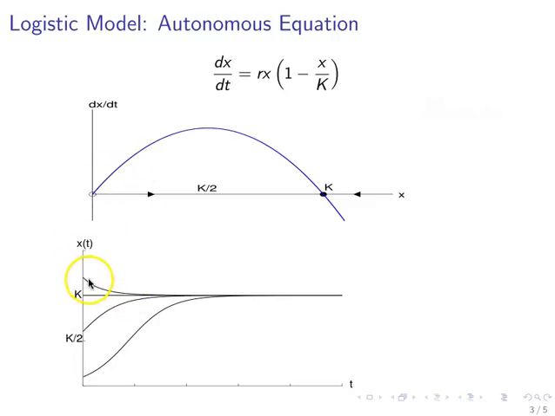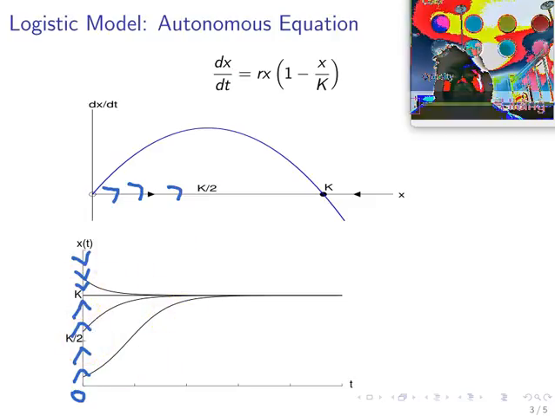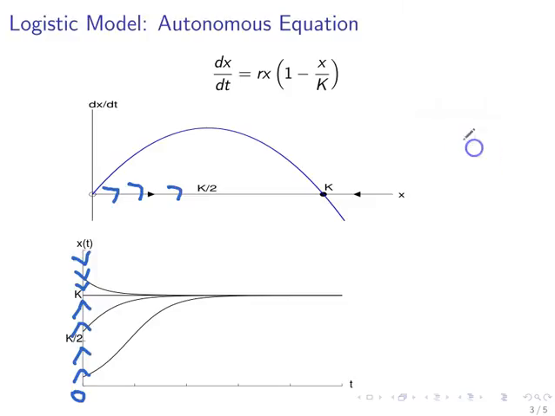The arrows are pointing away from 0, and they're pointing towards the value of k. So here there is the value 0, there is k over 2, and then there is k, and we can see that there are different curves. Each of these curves is one x of t for a specific initial condition.